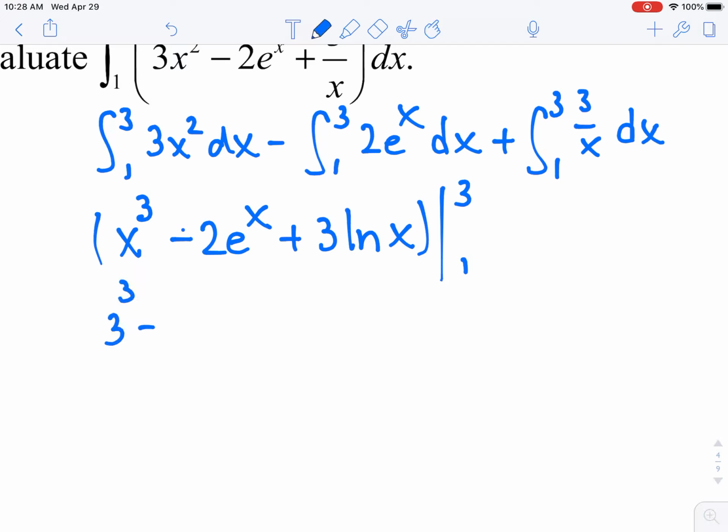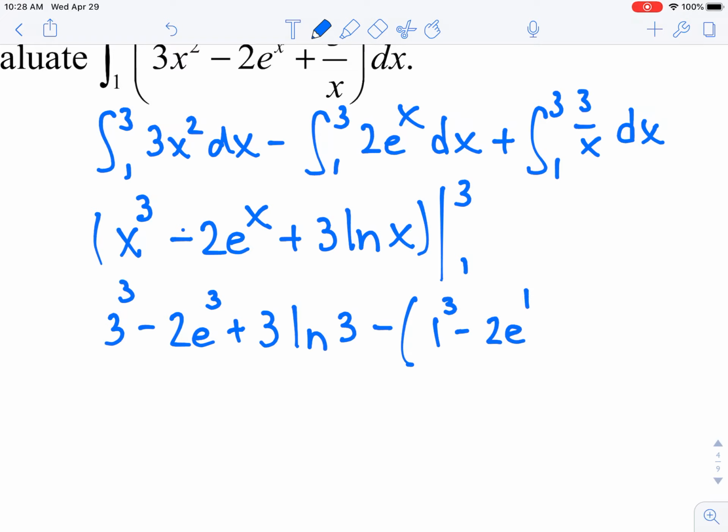So we have 3 to the third minus 2e to the third plus 3 natural log of 3, minus 1 to the third minus 2e to the 1 plus 3 natural log of 1.